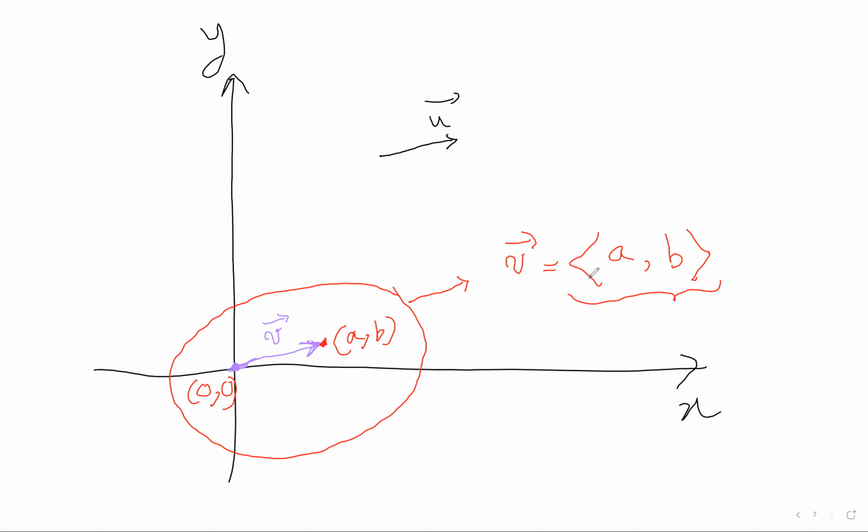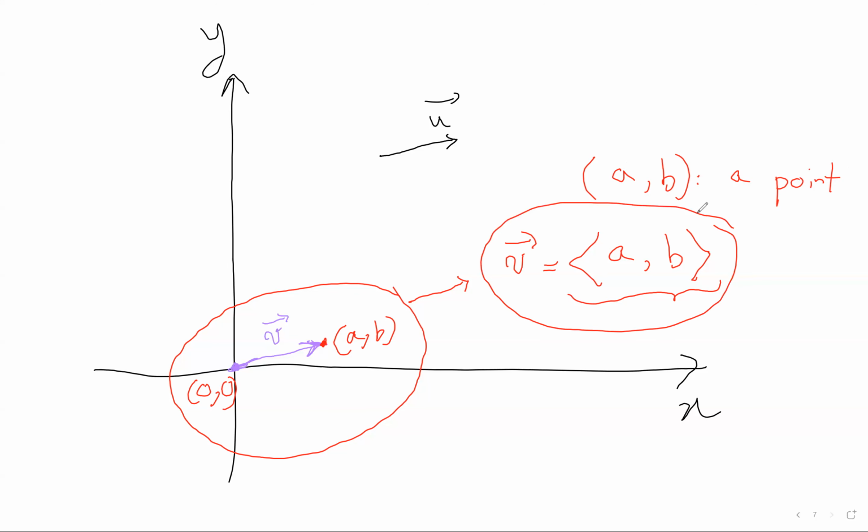So the difference between this notation and using just simple parentheses: this is just a point. But this is a vector whose initial point is 0, 0, and its end point is AB.